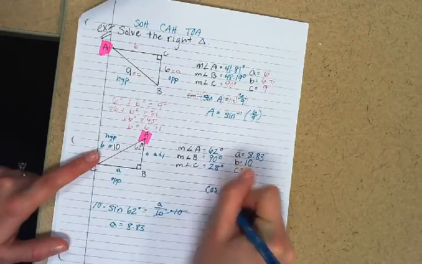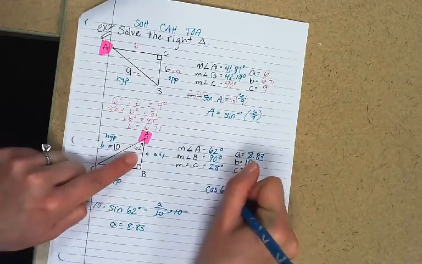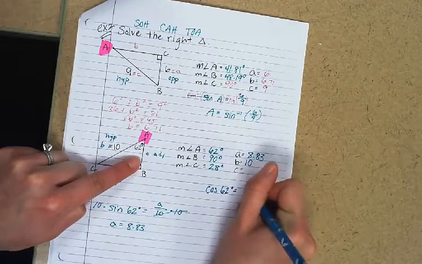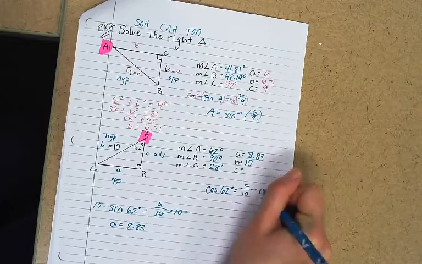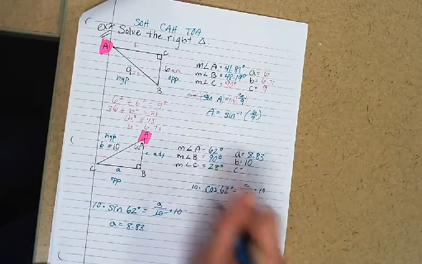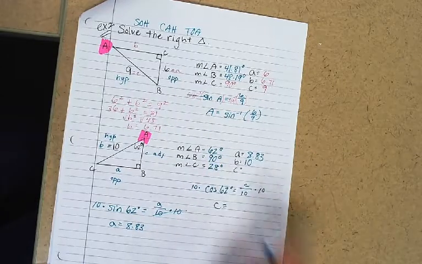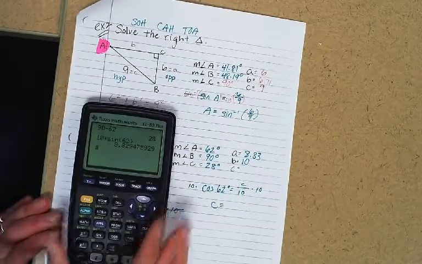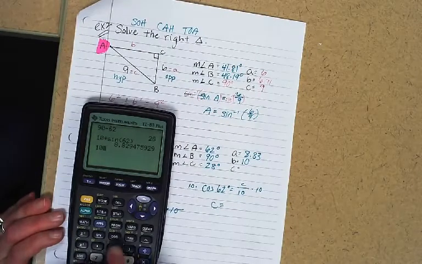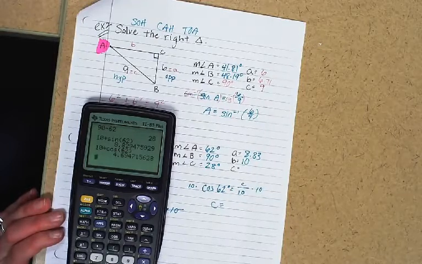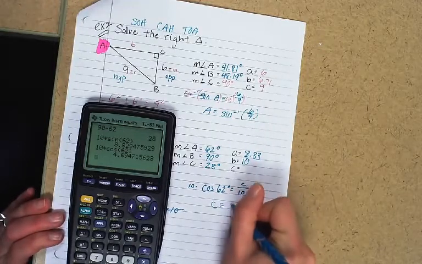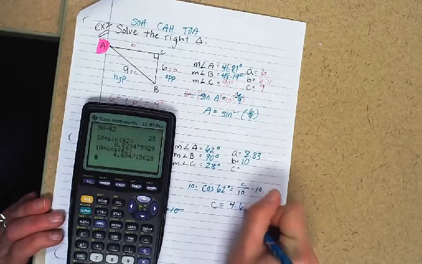The cosine of angle A, 62 degrees, is adjacent over hypotenuse. Again, we just multiply both sides by 10. So side c is 10 times cosine of 62 degrees, which is about 4.69.